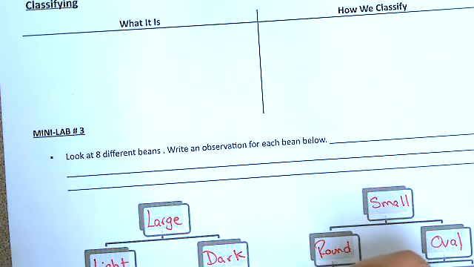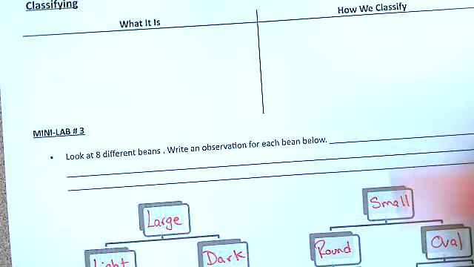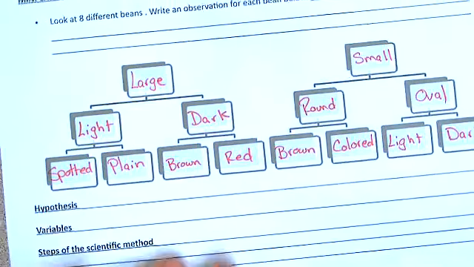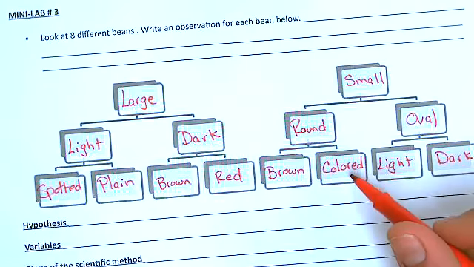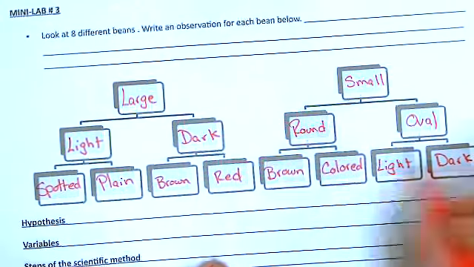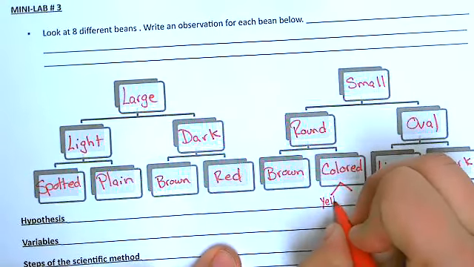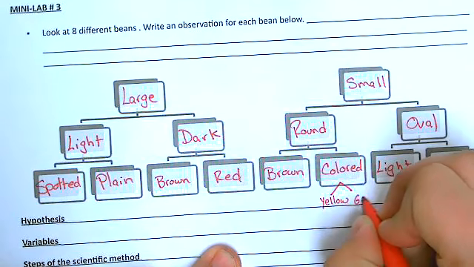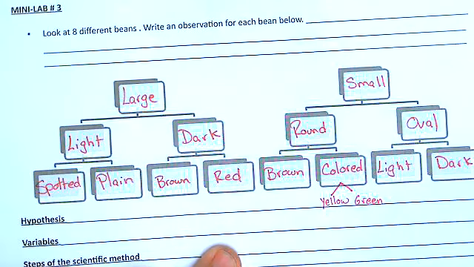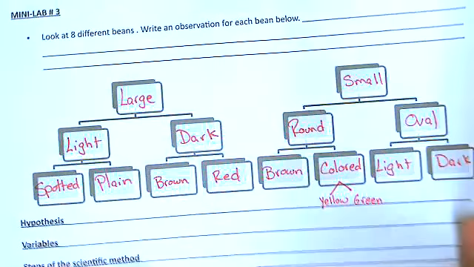So brown versus colored. And then, because the colored, I actually still have 2 different types of beans here, I need to divide this again. So then I would have yellow in one group and green in another group. Okay.